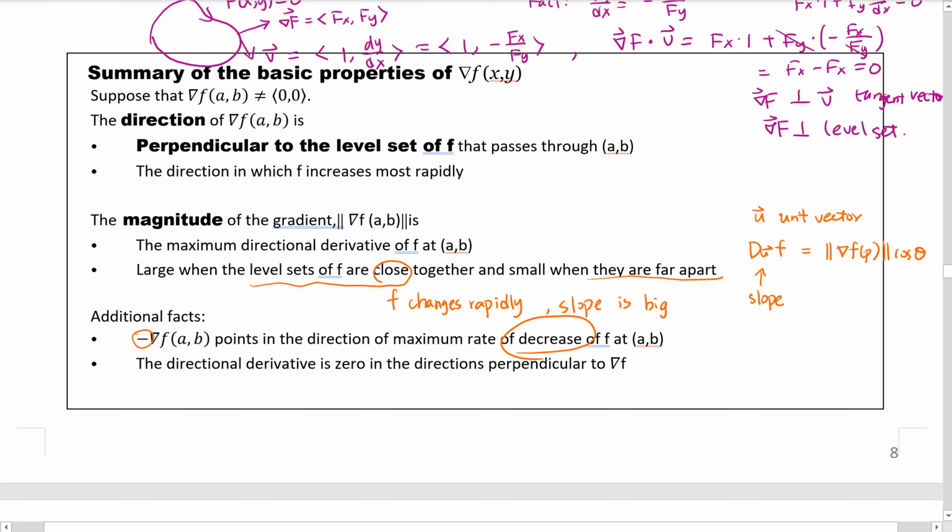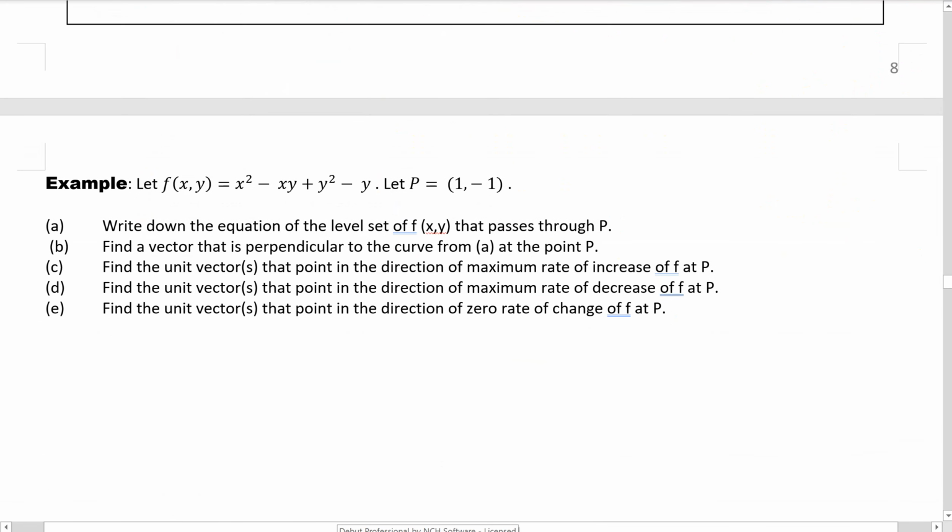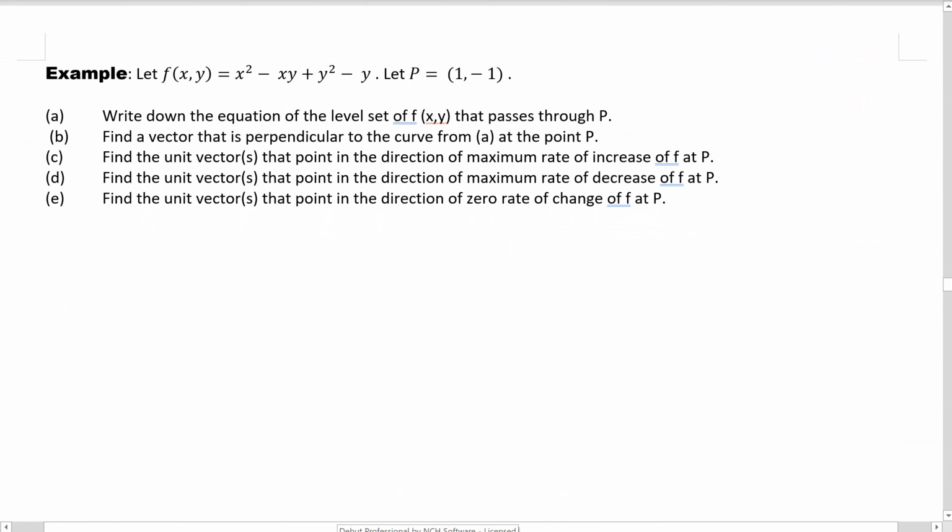All right, let's continue. Let's look at this example. We talked about a lot of theory, so it's good to work on some examples. Let f be this function and let P be the point (1, -1). Write down the equation of the level set that passes through P. So let's see. f(1, -1) equals 1 squared, which is 1, minus 1 times minus 1, which becomes plus 1.